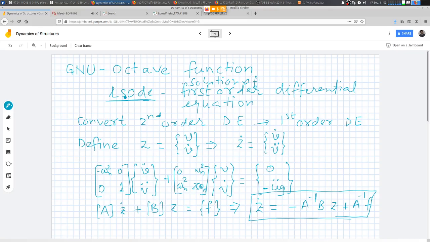This equation can be solved by using LSODE. So all that you need to do is figure out how to write this function Z dot and then pass it on as an argument to LSODE, and you should be able to get the answer. F depends on this ug double dot.